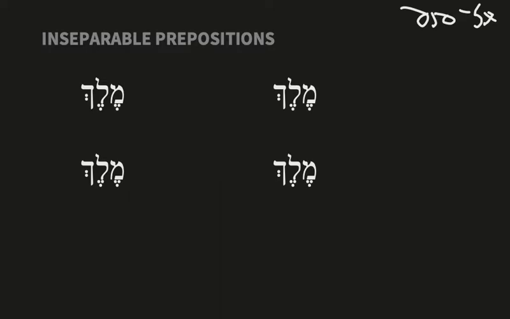There are 4 inseparable prepositions that are very important for us to learn, which are la, ka, ba, and min. La means like, to or for.